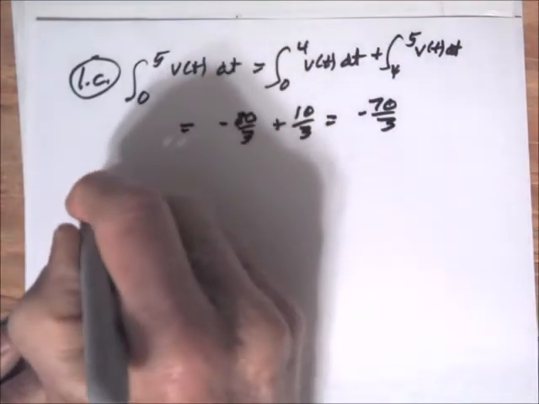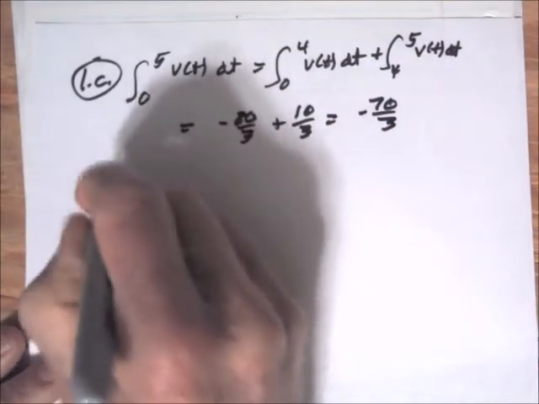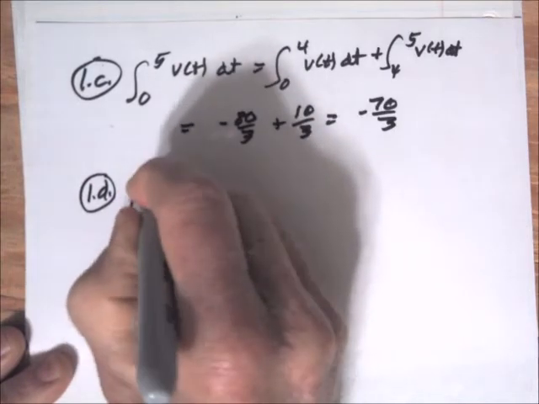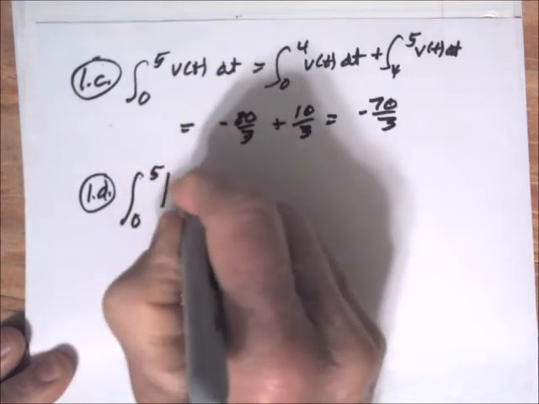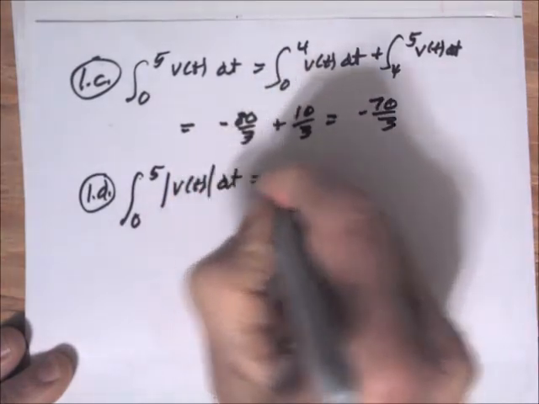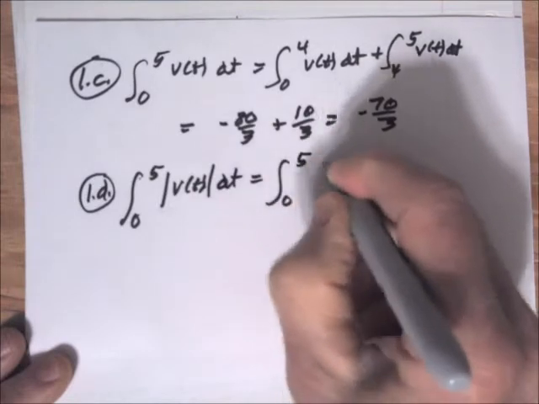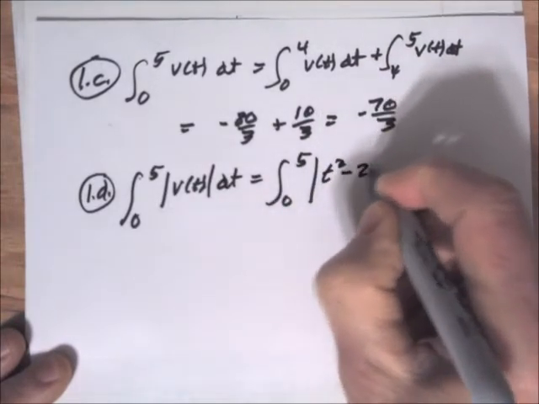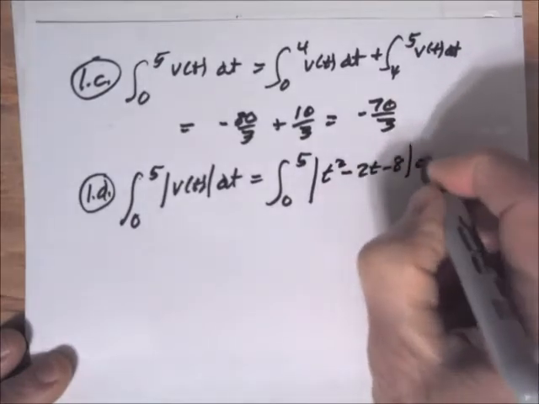Part D, the total displacement. Total displacement would be the integral of the absolute value of v of t dt. So the integral from 0 to 5, absolute value of t squared minus 2t minus 8 dt.